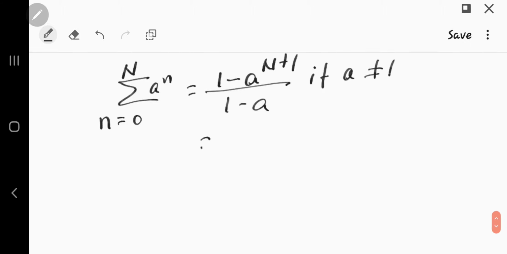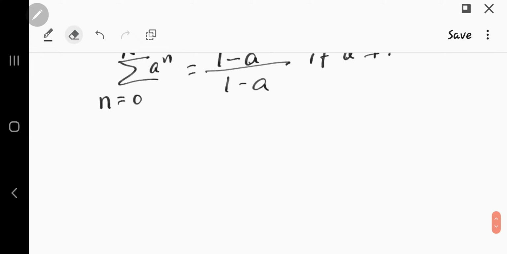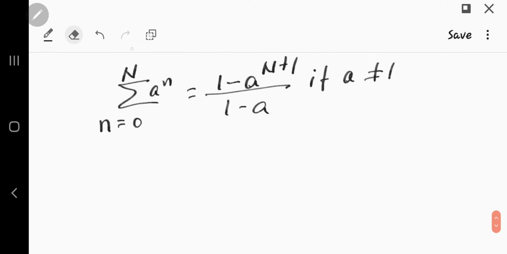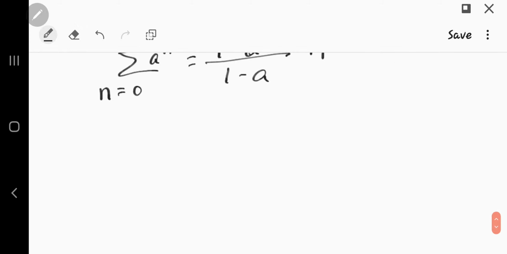Or this will be equal to n plus 1 if a equal to 1. So this is from geometric series we have.